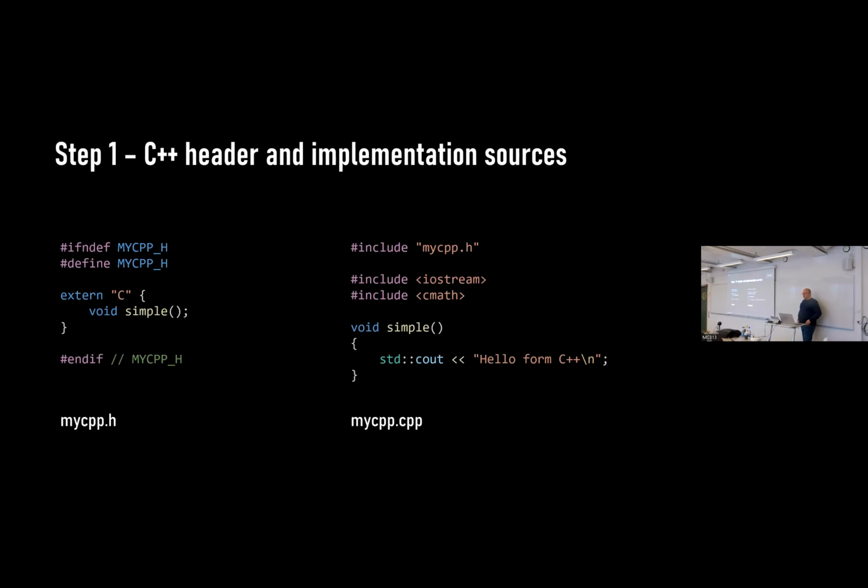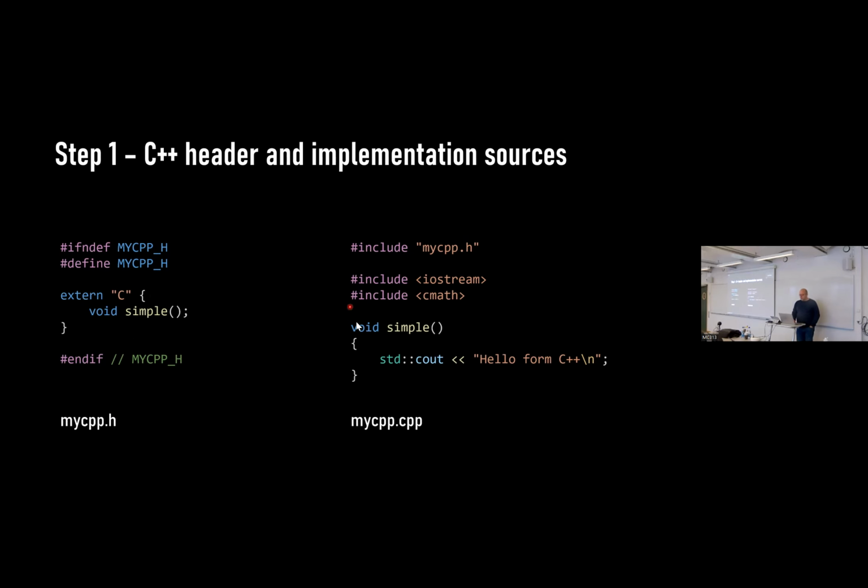So I will start with the simplest functions that you can do. So no parameters, no return values. And if you look at the left side here, this is the header file for my C++ code. So you see I have surrounded my C++ function using this extern C declaration here.